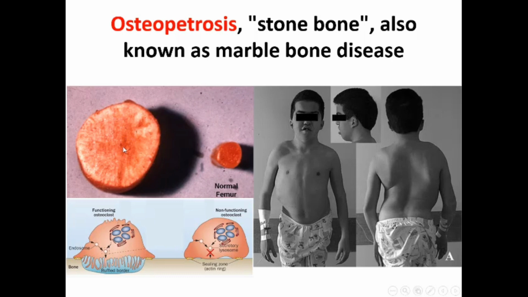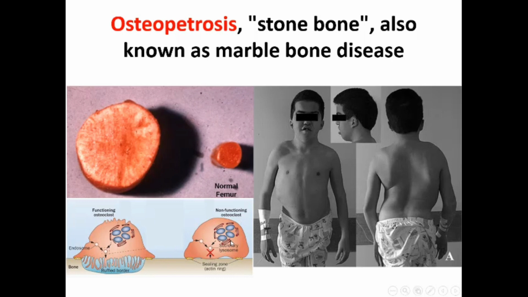Why don't we have bone resorption? Because we have defective or non-functioning osteoclasts in these patients. You can see the normal osteoclast and the affected osteoclast. These cells don't have a ruffled border.